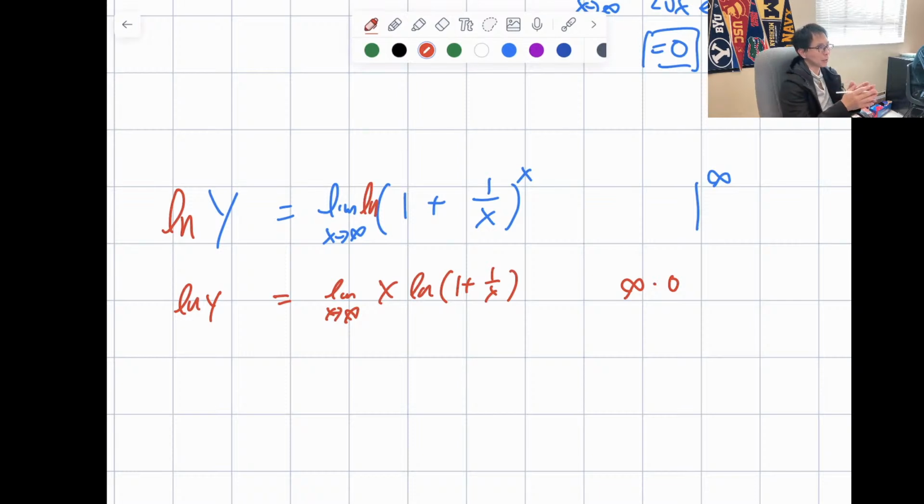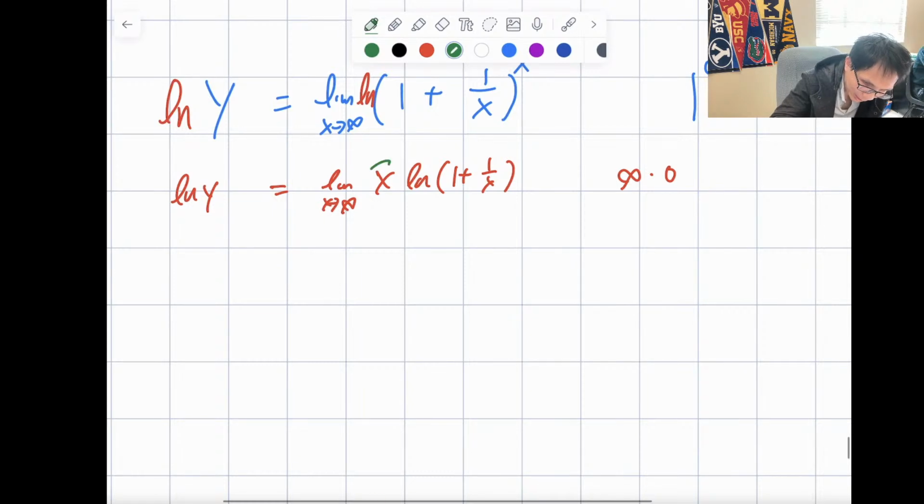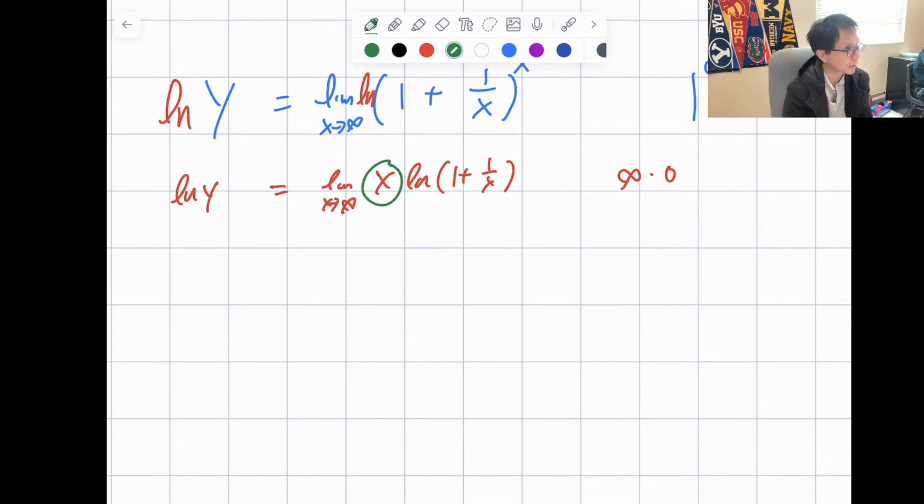So what you can do, and this is the magical part, is ask: can I do something with this x to change it into a fraction? Could it be x as ln of 1 plus 1 over x to the negative 1? Yep.